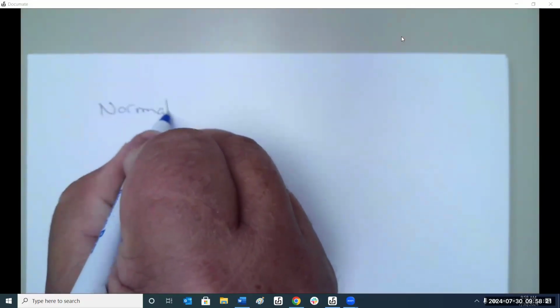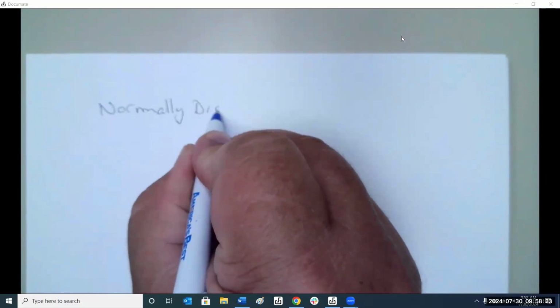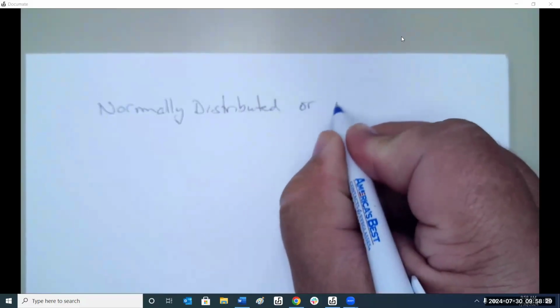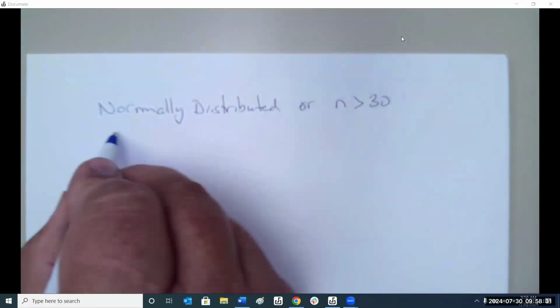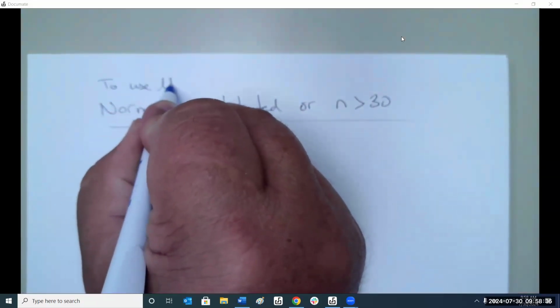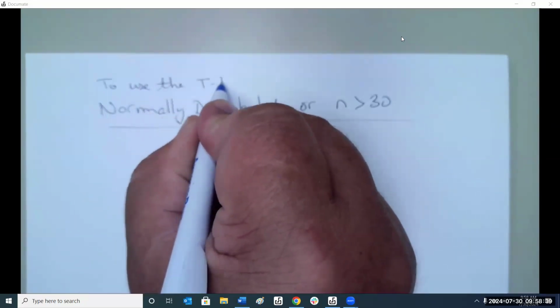Does it have to be exactly bell-shaped to be normally distributed? No. It's got to be roughly that shape. So: normally distributed or n is greater than 30 to use the t-test.